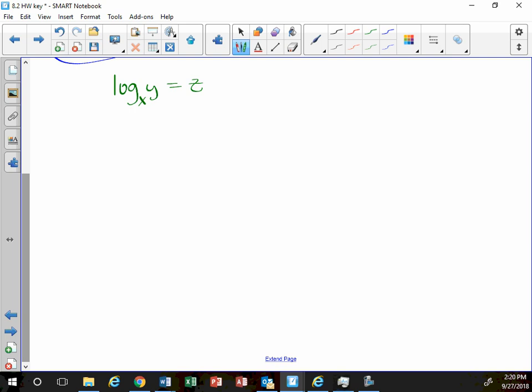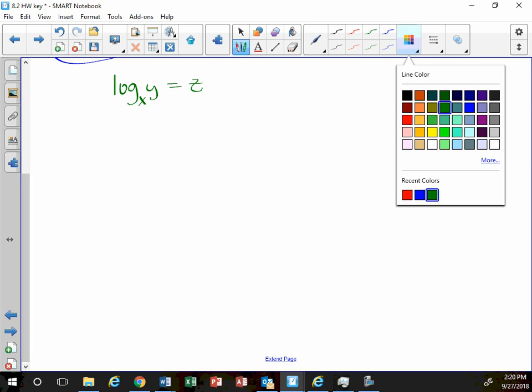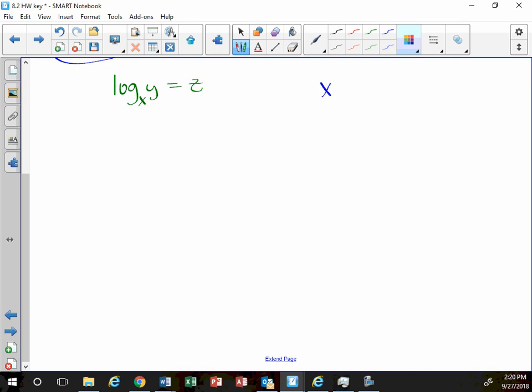If I just see it, I know x to the z equals y. If I want to exponentiate, what's the base on the left side? X. So I'm doing x to the log base x of y equals x to the z. So what's left on the left?